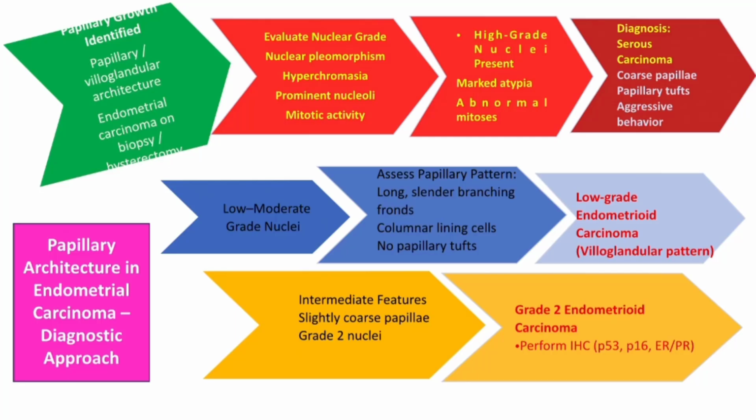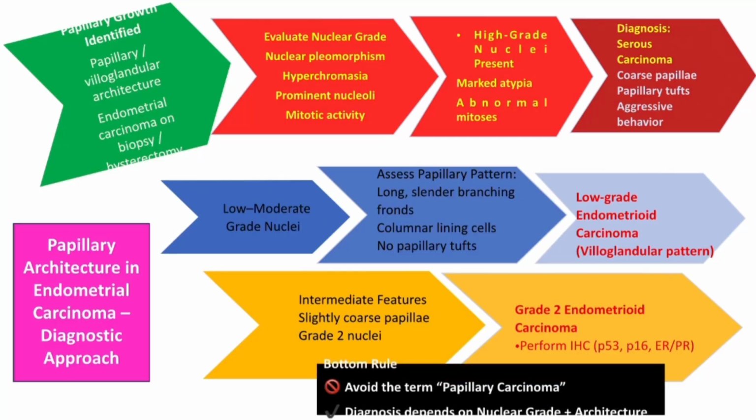So with the help of this IHC, we can differentiate whether it is low grade or grade 2 or whether it is serous carcinoma. So the bottom rule is to avoid the term papillary carcinoma.